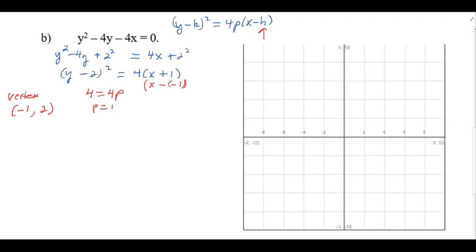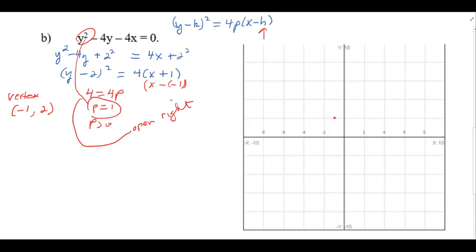So I'm at -1, up at 2. That would put me about right here. Okay, -1, 2, that's the vertex. And notice this is a sideways parabola because the y is being squared, so it's going to open left or right. In this case, since p is positive, it's going to open to the right. The fact that p is greater than 0 and the fact that we have a y squared term, these two together tell us that it will open right.